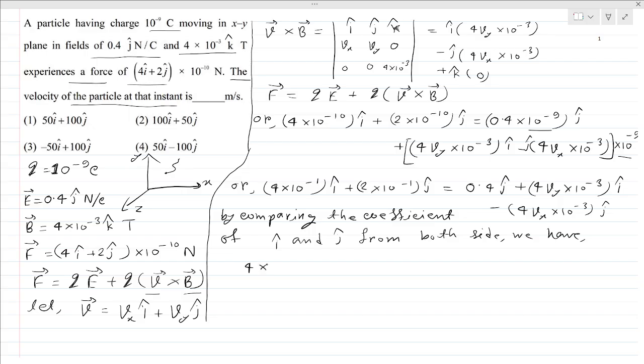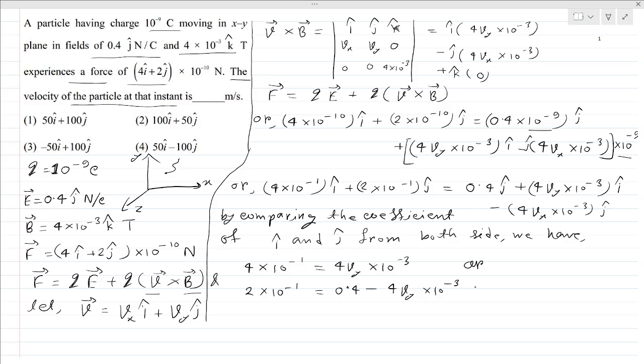We have 4 into 10 to the power minus 1, which is the component of I cap, equal to only 4 Vy into 10 to the power minus 3, and 2 into 10 to the power minus 1, which will be equal to the sum of 0.4, since there are two components of j cap, minus 4 into Vx into 10 to the power minus 3.